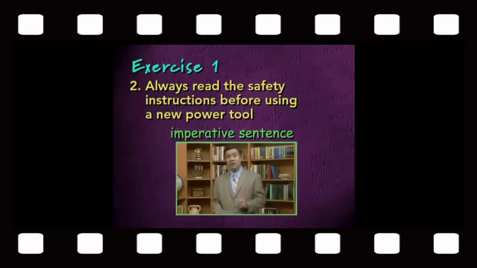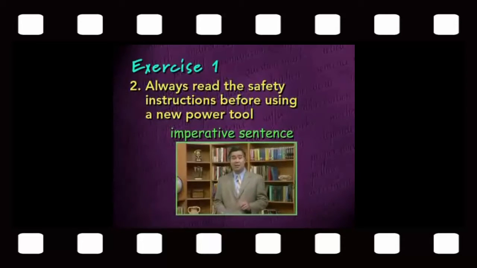Remember, an imperative sentence is one that makes a request or gives an order. And in this case, the sentence is giving an order or making a request of whoever reads it. It is telling that person that they ought to do something, namely to read the safety instructions before using a new power tool. Therefore, this is an imperative sentence.